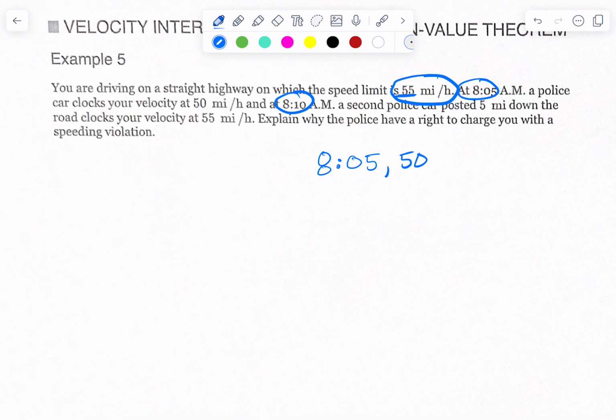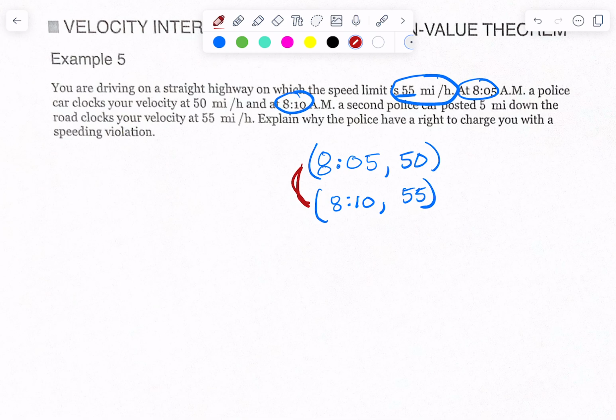Okay, the speed limit is 55. At 8:05, we're going 50 miles an hour. Then at 8:10, we are going 55 miles an hour. So I am not speeding at any of those places in time. True? Wait. Hold up. But the problem is, in between, check this out. This is 5 minutes in between, right?